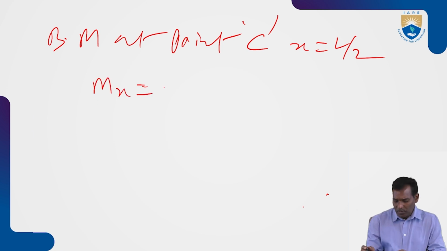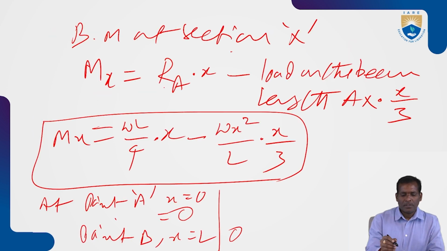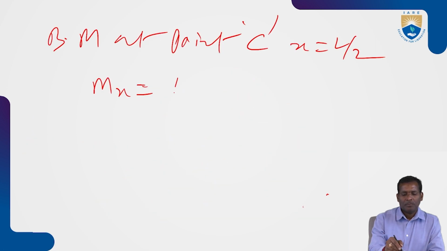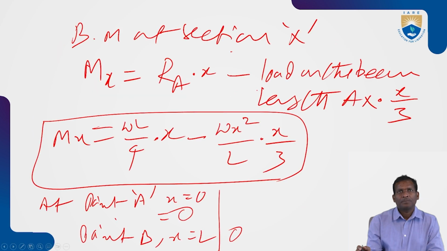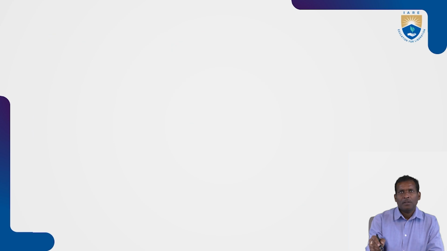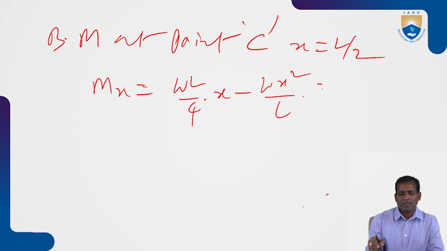So now substitute in this equation: WL by 4 into x minus WX square by L multiplied with x by 3.